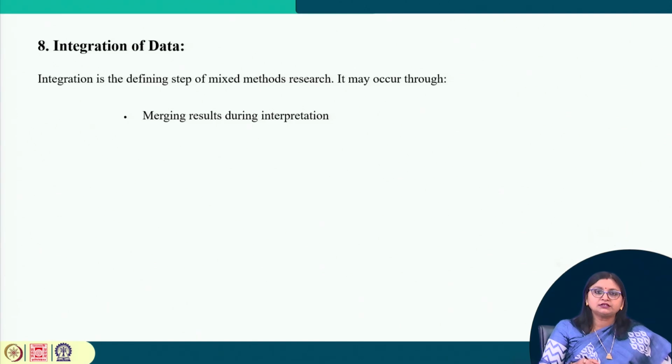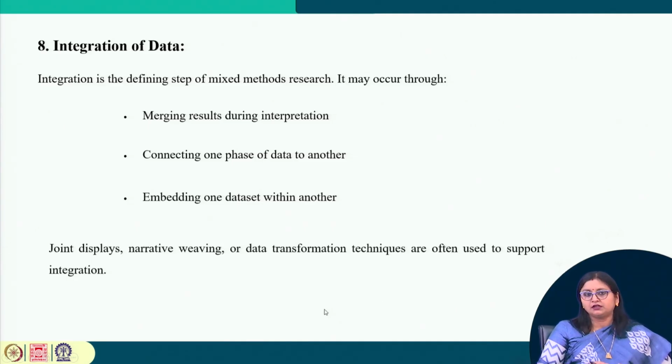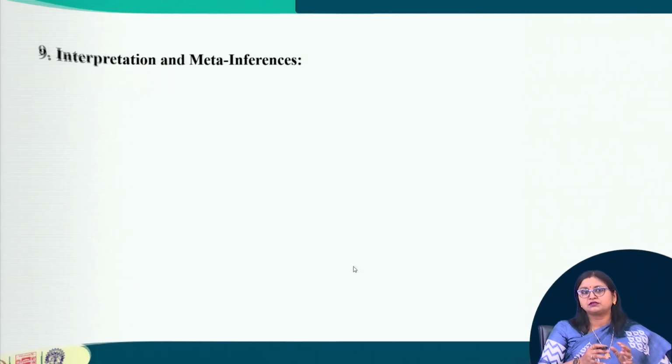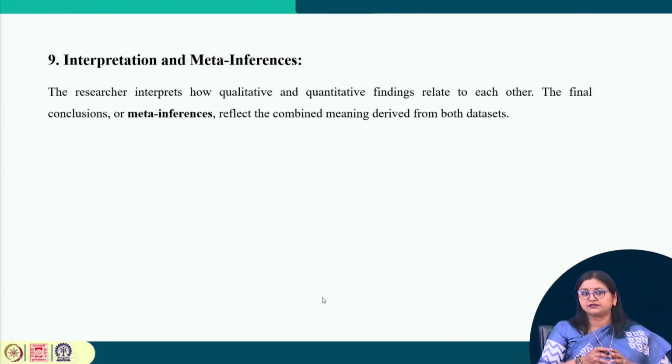So, merging results during interpretation, connecting one phase of data to another, embedding one data set within another data set. Joint displays, narrative weaving or data transformation techniques are often used to support the integration in mixed methods research.